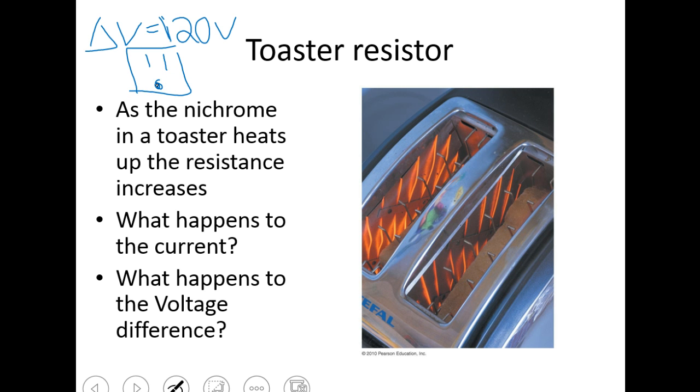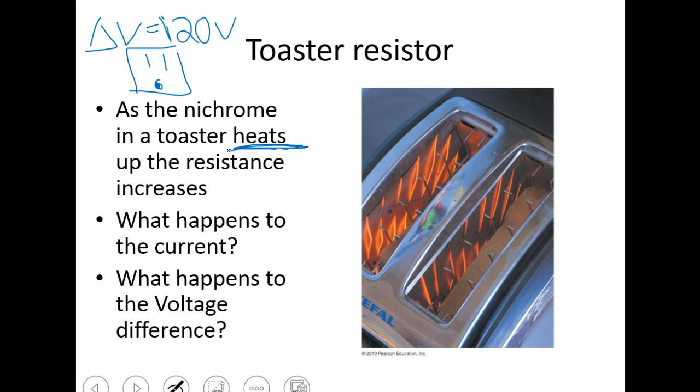So I want to think about a toaster for a second. I eat toast every morning for breakfast, and I am very thankful for the resistance of these wires. So I have a constant 120 volts coming out of the wall as I plug my toaster in, and as the nichrome heats up, the resistance increases. And remember, heat was one of the signs of electrical current flowing through something.